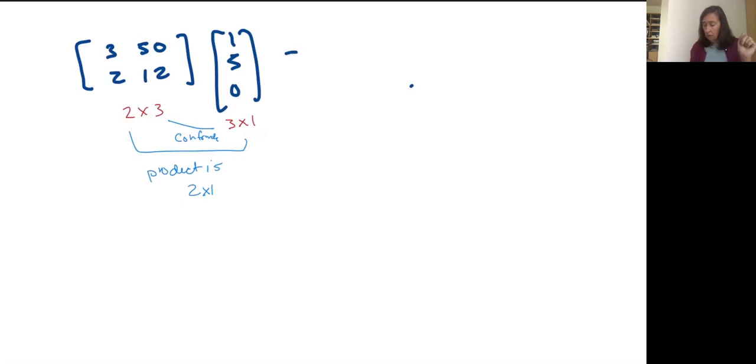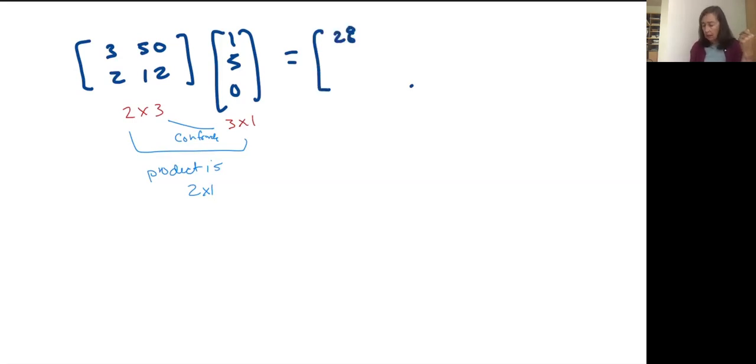So we're expecting a 2 by 1 matrix, and to get that first element, the 1, 1 element, I'm going to take the first row of the lead and the first and only column of the lag. So I get 3 times 1 plus 5 times 5, that sounds like 28.